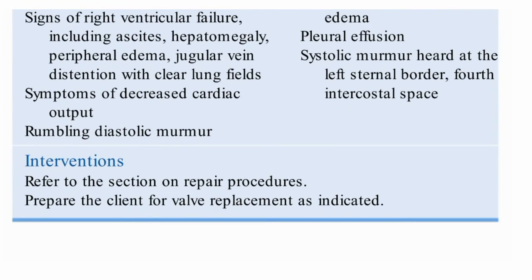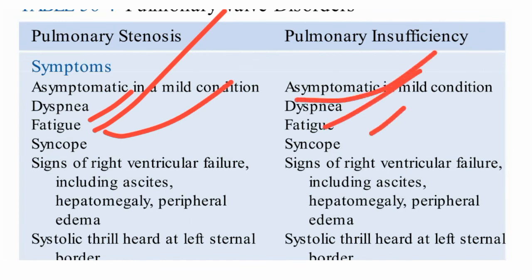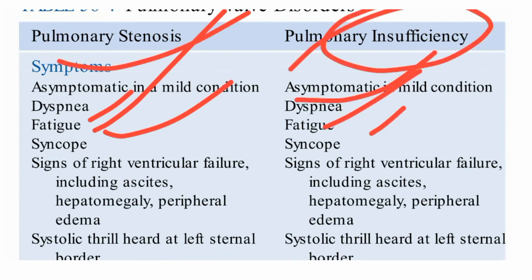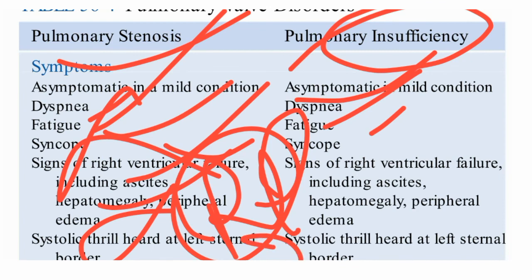Now coming to pulmonary valve disorders. In pulmonary insufficiency and pulmonary stenosis there will be dyspnea, fatigue, and syncope. Right ventricular failure will be there with ascites, hepatomegaly, and systemic and peripheral edema.